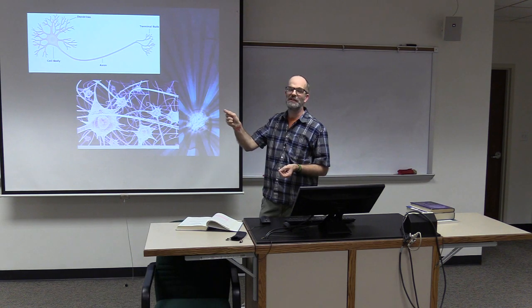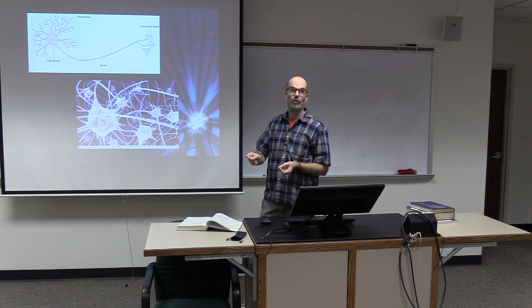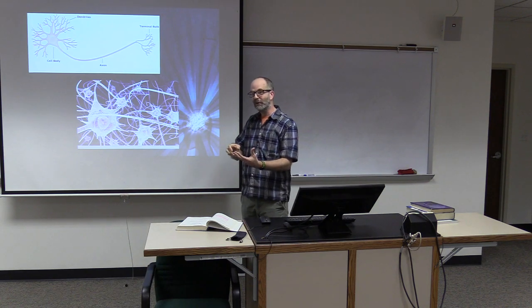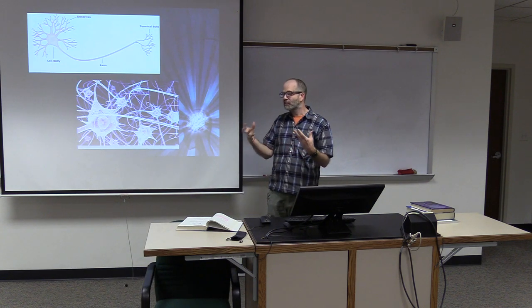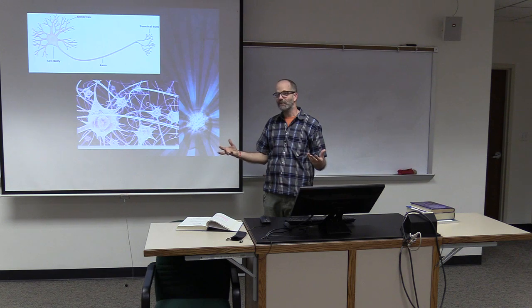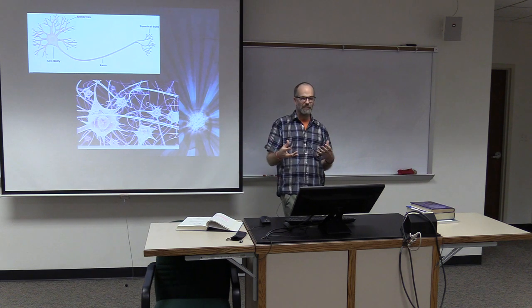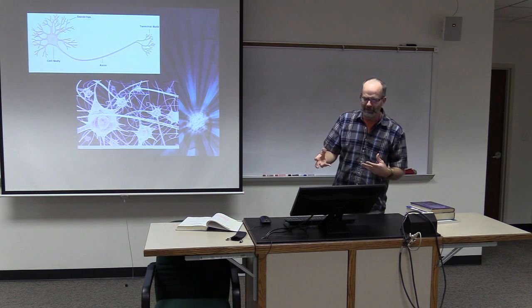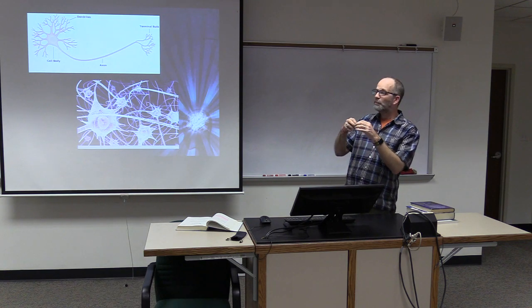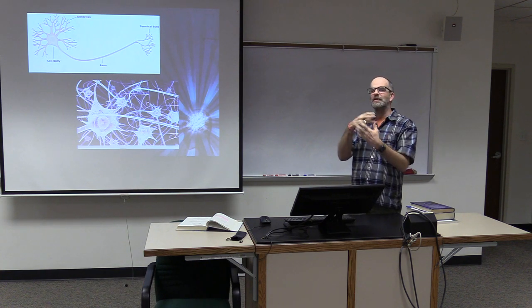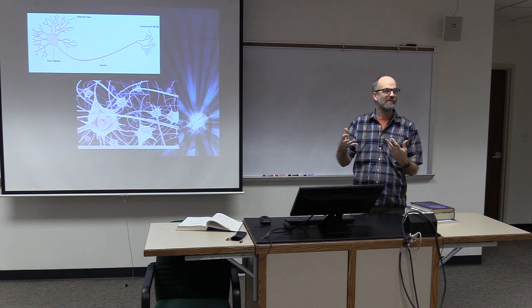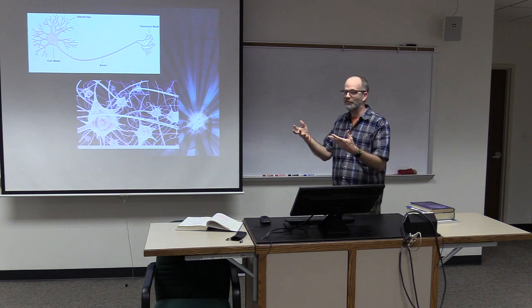So the signals coming in some dendrites are more important than others. And as best as scientists understand it, which is even now I don't think all that well, those priorities can change over time as the brain and the system learns.